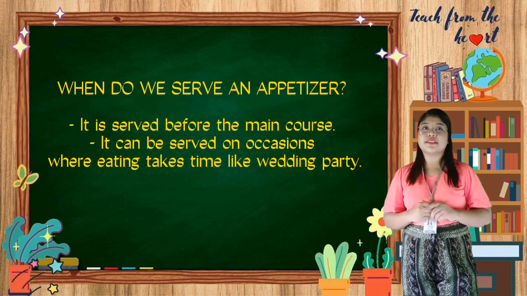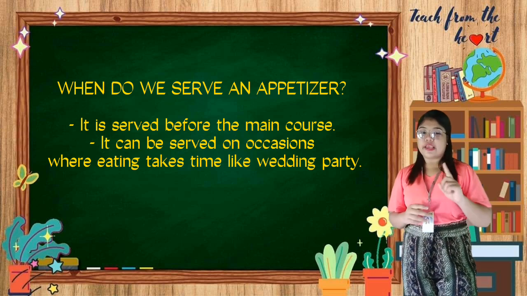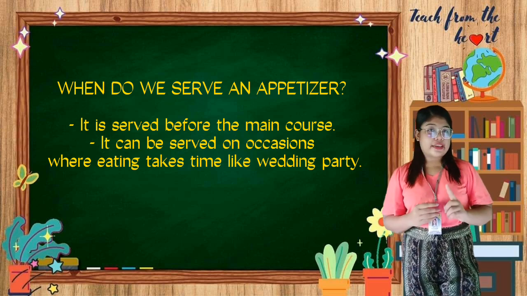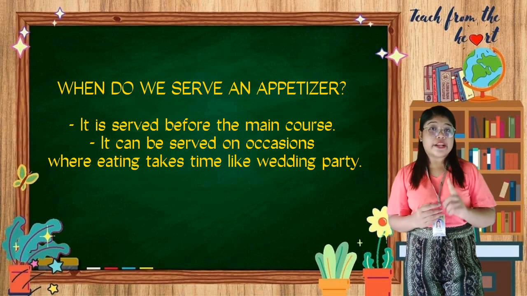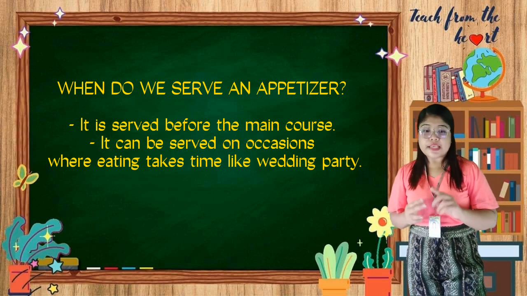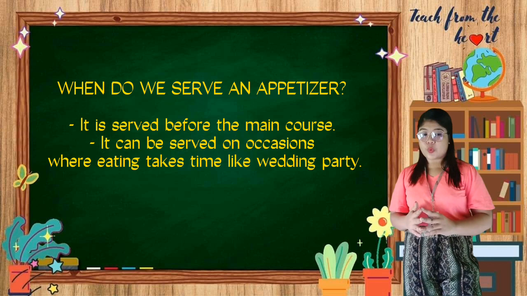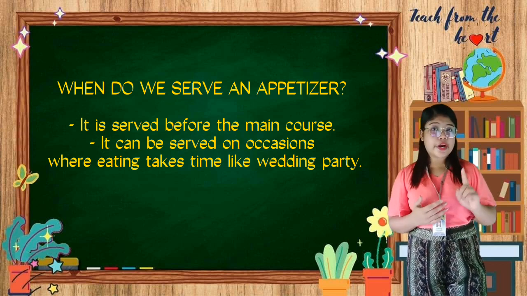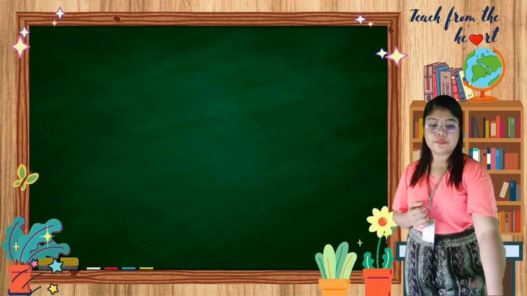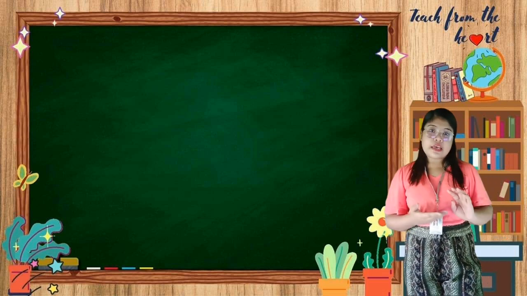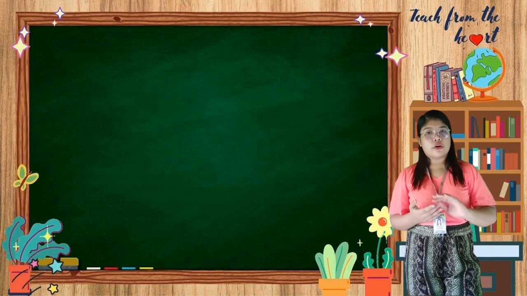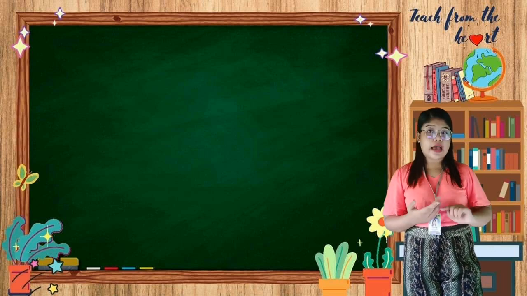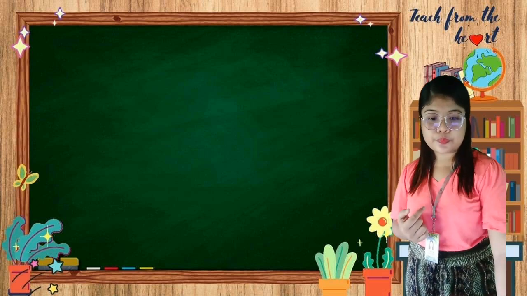Anyone from the class? Okay, correct. It is served before the main course. It can be served on occasions where eating takes time, for example, a wedding party. That is an example of when we serve an appetizer.